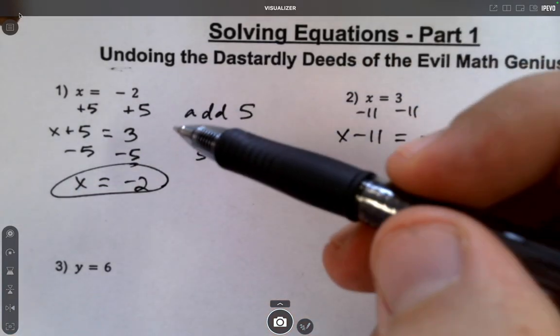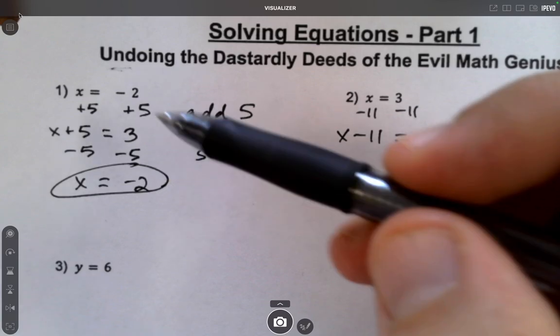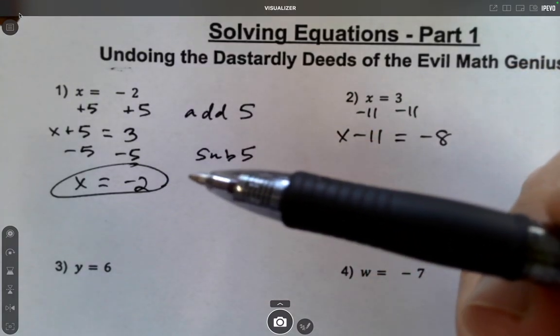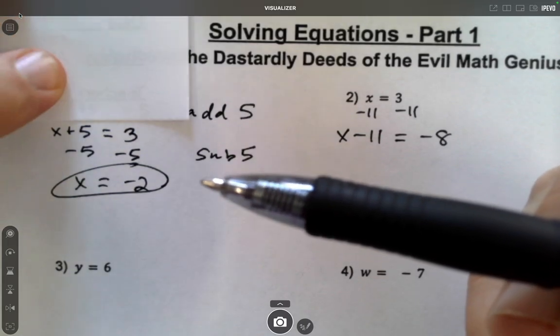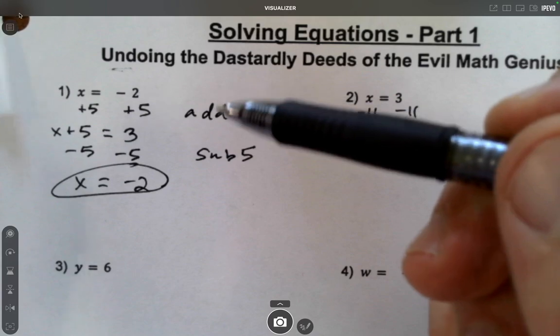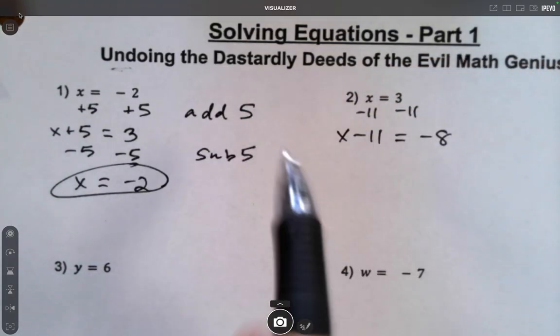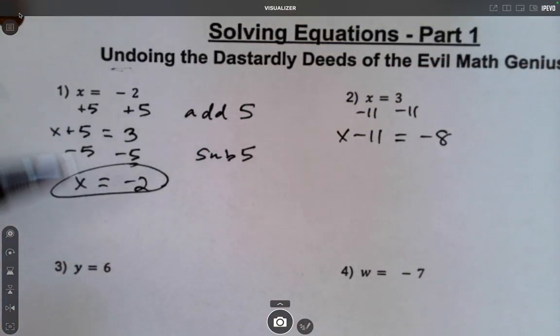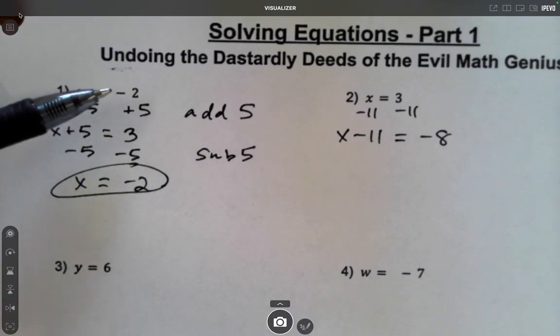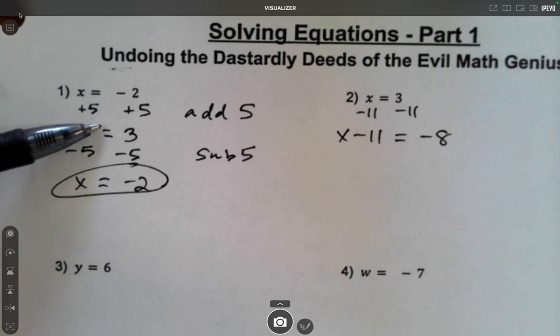Now I understand some of you look at this and be like, well, wait, we just came right back where we started. I know it looks like that here, but again, what you'll be given on homework, quizzes, and tests will start here. You won't know the answer. I'm showing you all of this, so I hope you can see the parallels or the pattern or the rhythm. That's not quite the word I want, but the steps we take to go from creating a problem to solving a problem.